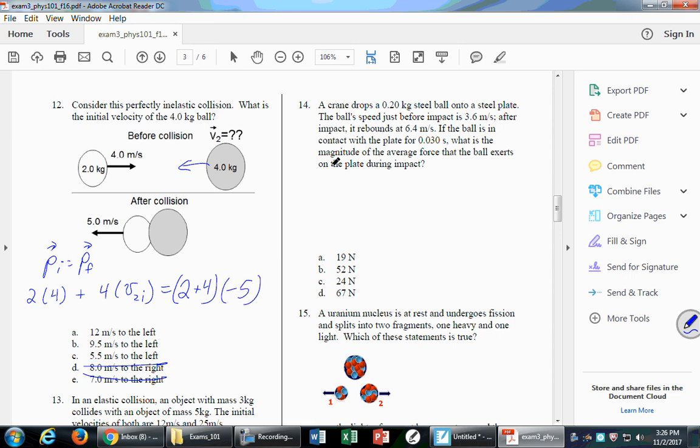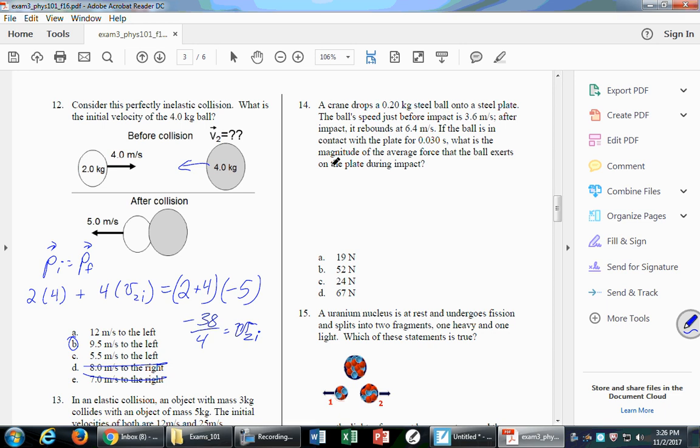That's mass times the velocity. So that's negative 30, negative 38, divided by 4 is V2 initial, 9.5 to the left.